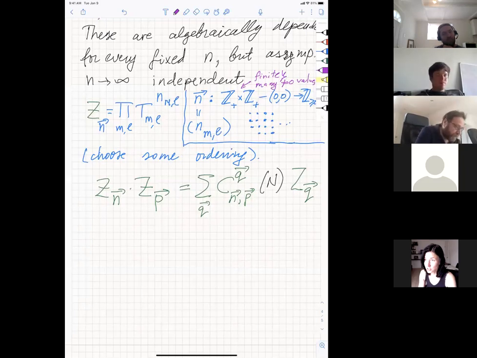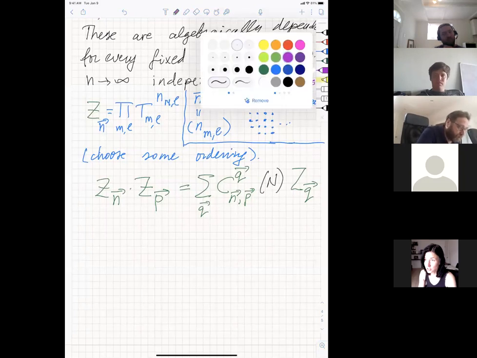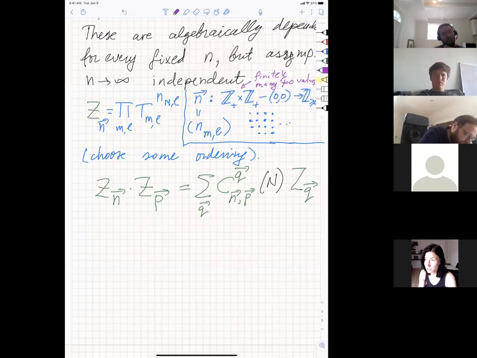And these things are going to be polynomials in n. So one can show that these are polynomials in n. And of course, all of this is quite clumsy because we have to choose these orderings and so on. So it will be slightly nicer if you choose the symmetrized expression. So instead of taking one product, you can take the average of all possible orderings.